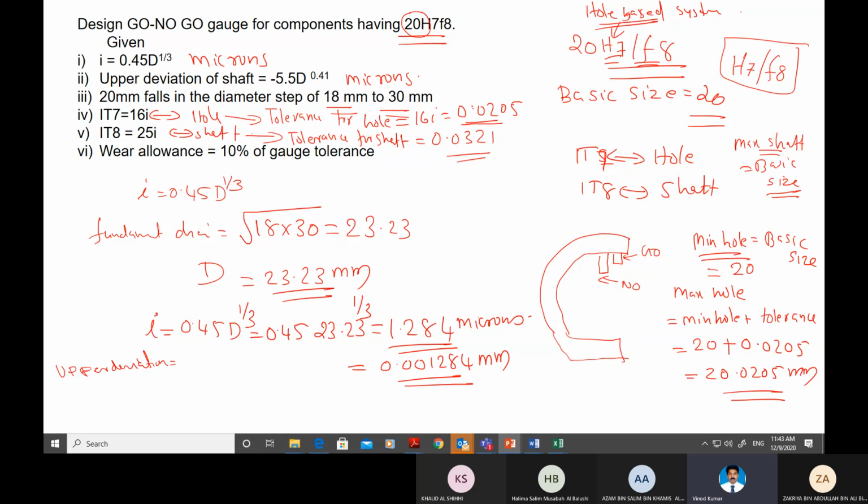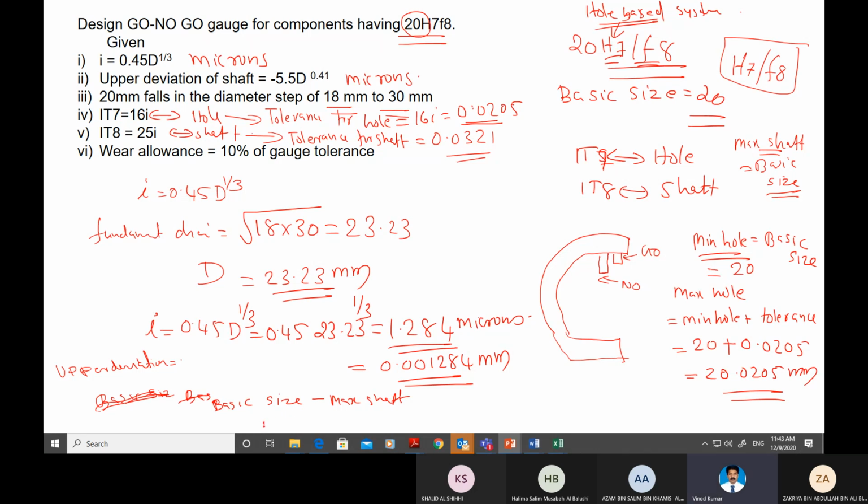If you subtract the maximum shaft from the basic size, which is 20, this is called upper deviation.